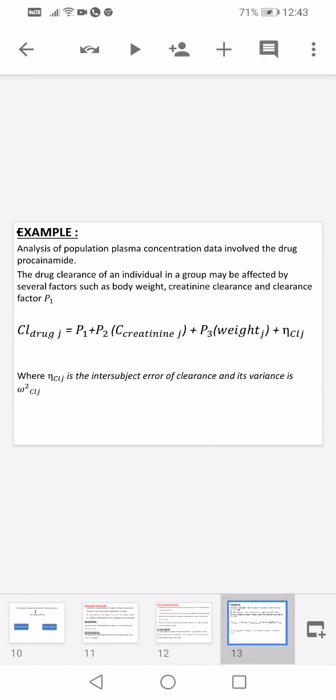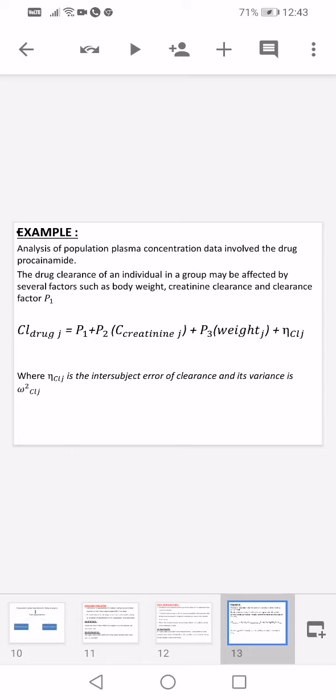Example like this: here you can see analysis of population plasma concentration data involving the drug procainamide. The drug clearance of an individual in a group may be affected by several factors such as body weight, creatinine clearance and clearance factor P1, which is given by the equation CL drug J is equal to P1 plus P2 into creatinine J plus P3 into weight J plus NCLJ, where NCLJ is the inter-subject error of clearance and its variance.